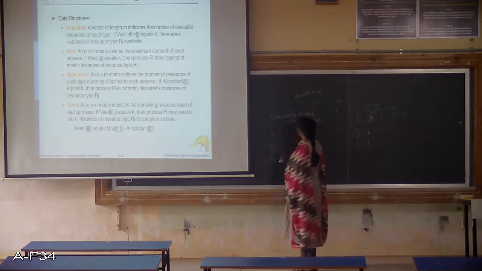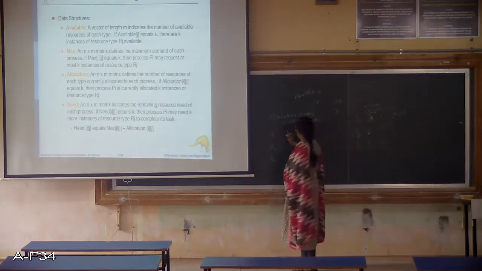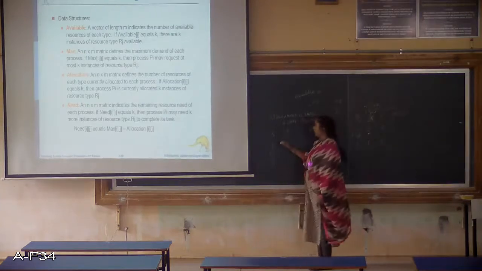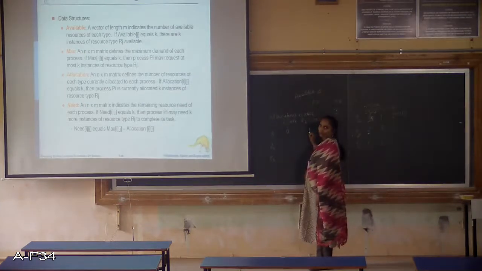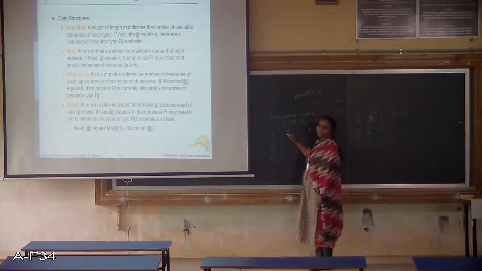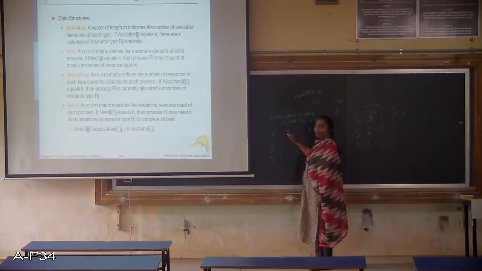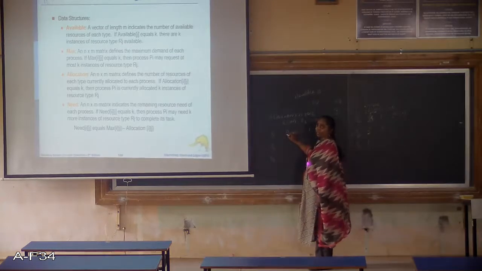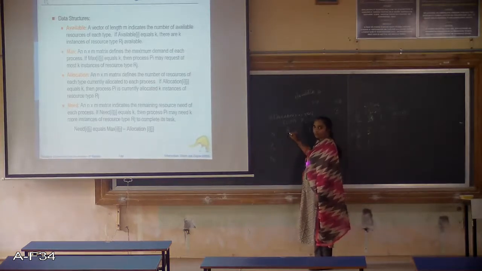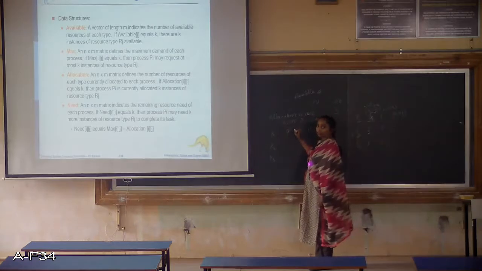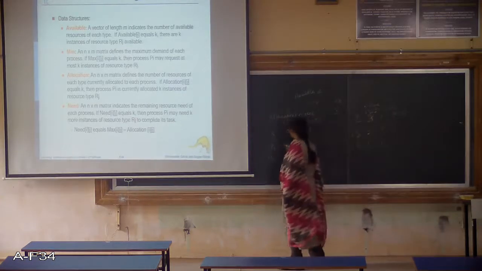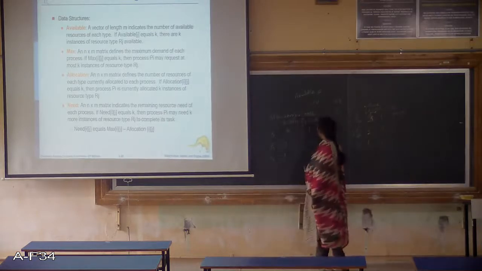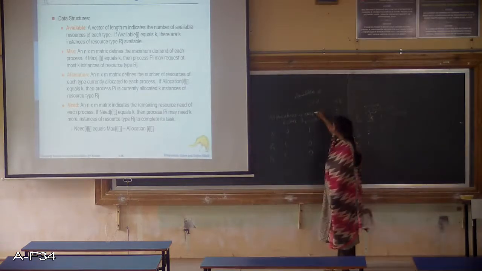Supposing you have allocated 0 and 1. What does it mean? P1 has been allocated 1 USB port but not the CPU. It has got the USB but it has not got the CPU for execution of its program.